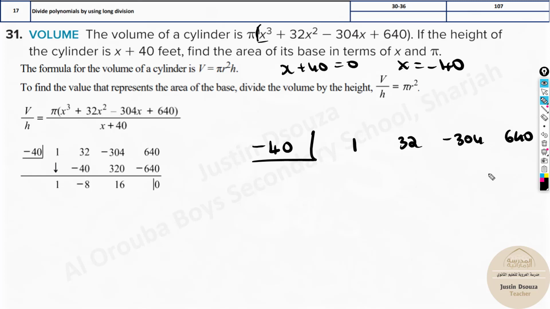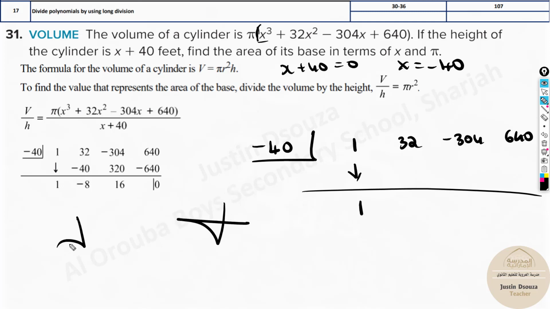These are the coefficients. Now the first term, no matter what, comes down itself, like this, it will be 1. Now what you have to do is, I always remember it like this. My name is Justin, so I just remember this. Why I remember this? Because from a long time, when I first studied this, I was always remembering this one. It's like a plus sign and this will be joined.